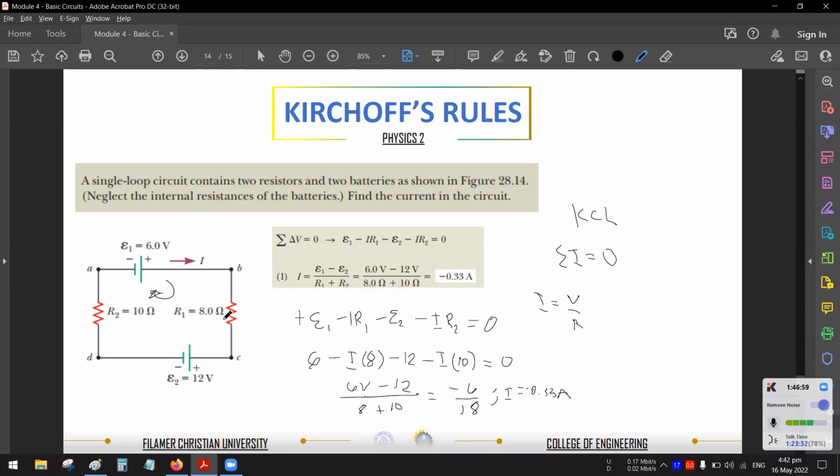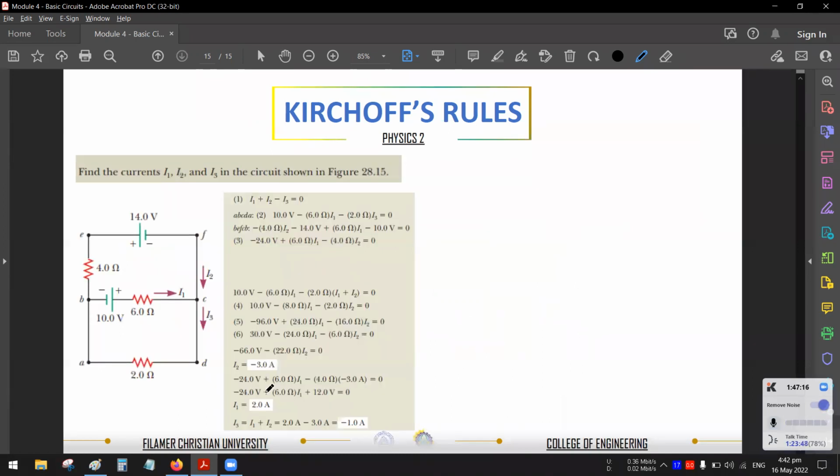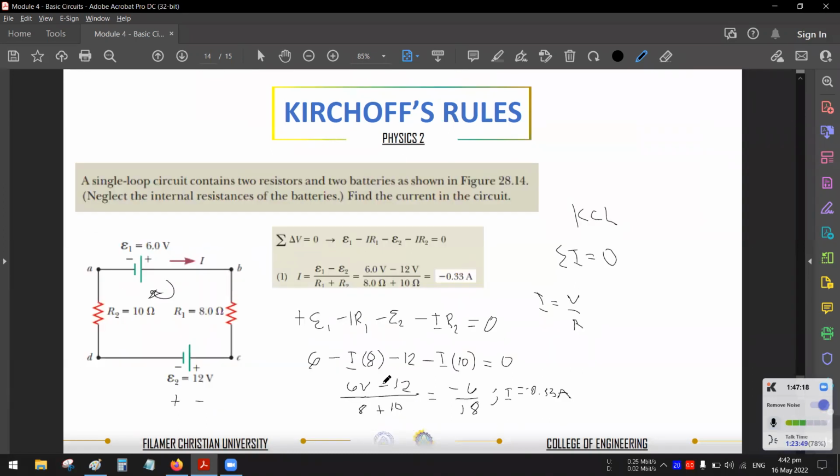Okay? So, what if the polarity of the 12 volts were reversed? So, paano siya mag-affect sa atong circuit? Let's say, ito magiging positive, ito yung magiging negative terminal. So, in that case, or you will now have your positive 18.